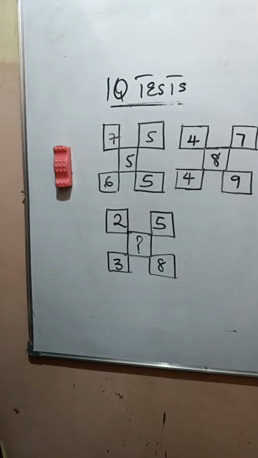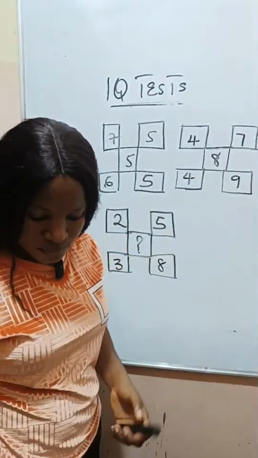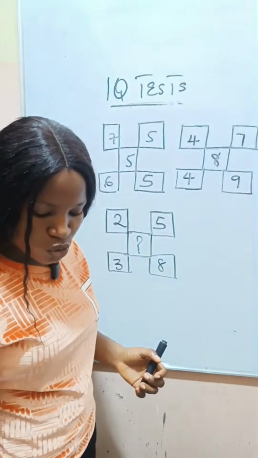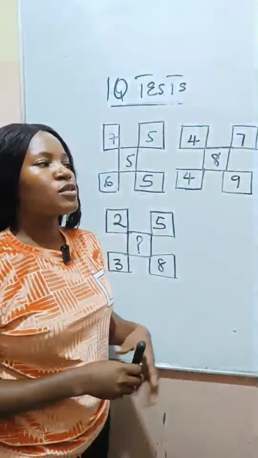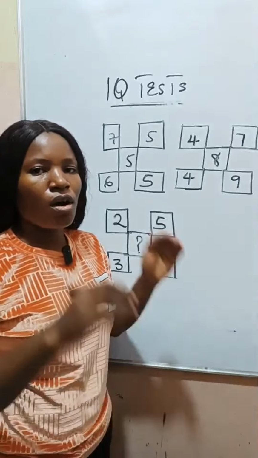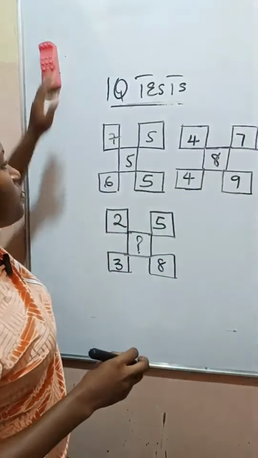All right. So, just like you people observed, there seem to be 2 patterns here that seem to be correct. So we look at the 2 patterns and analyze which one is better or correct.